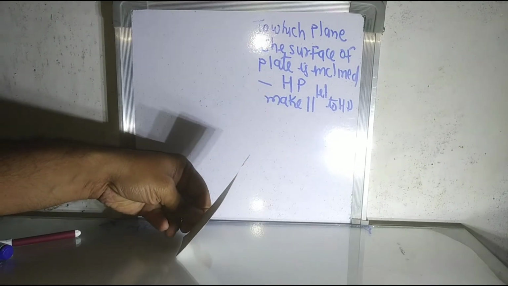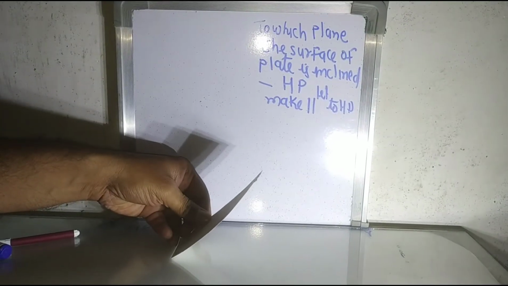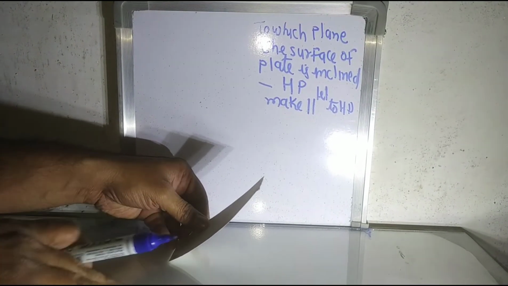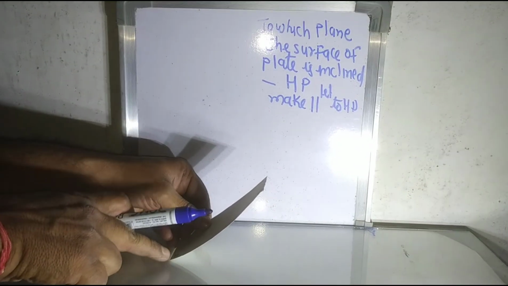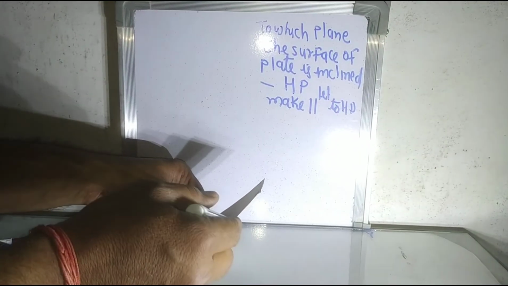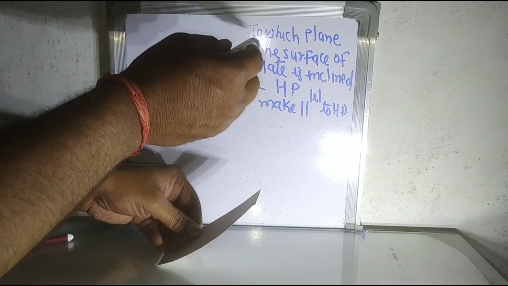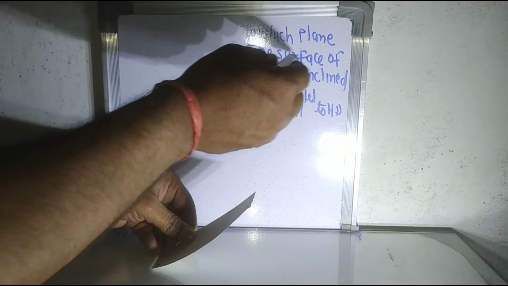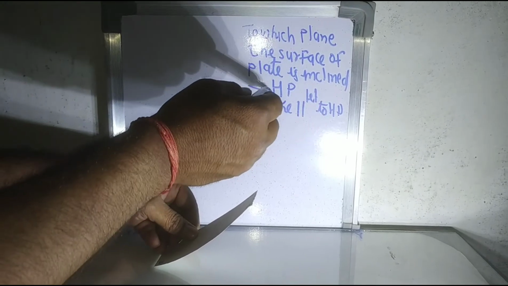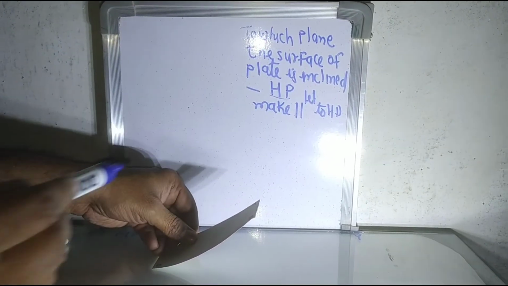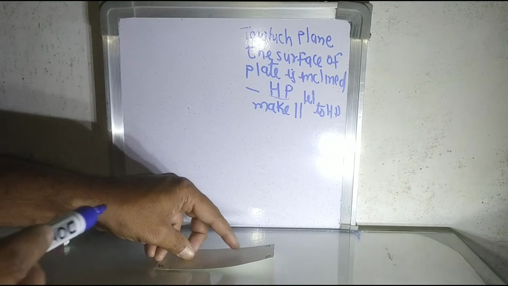Here it is AB, the shortest edge. The rectangular plate is resting on the horizontal plane on its shortest edge and the surface of the plate is inclined to HP by some degree. Now, what question should you ask? To which plane is the surface of the plate inclined? The answer is HP. So we have to make it parallel to HP.